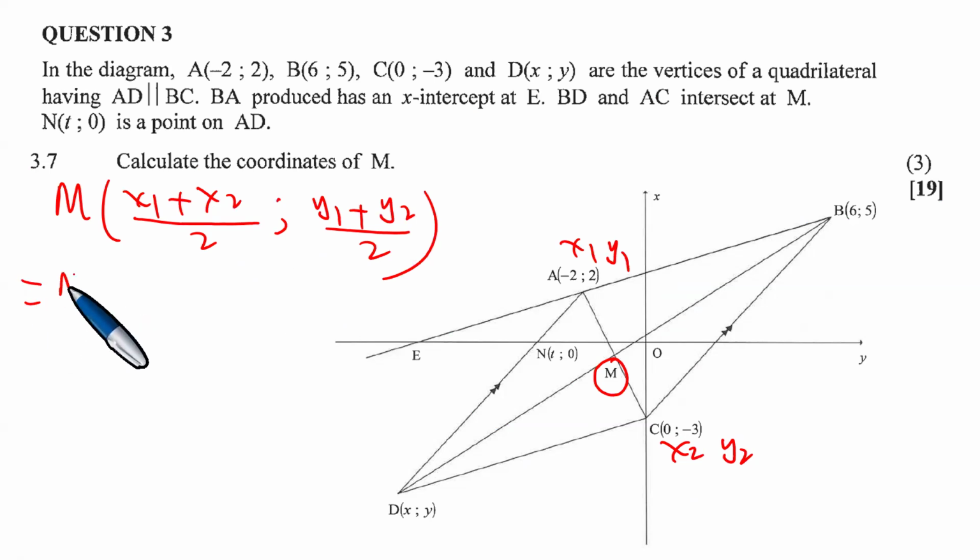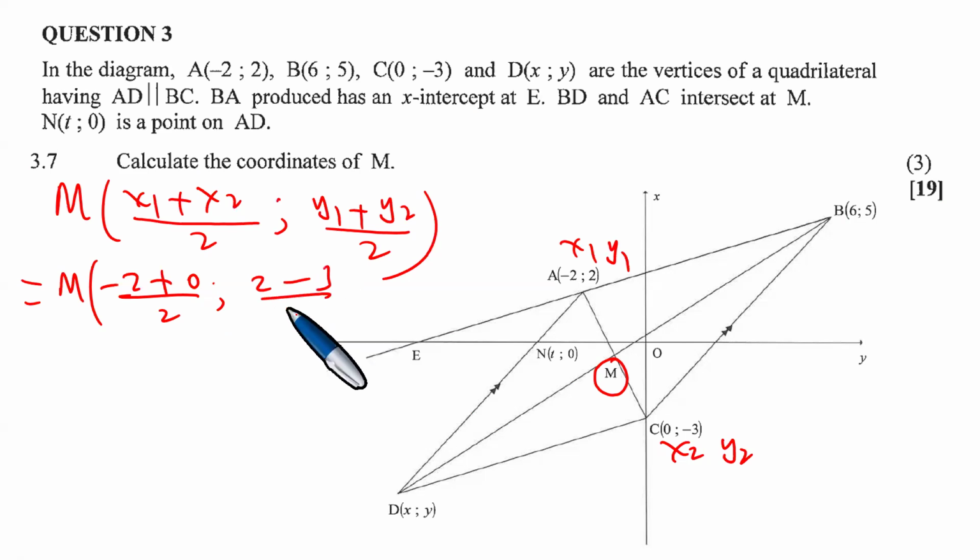This is equal to M, and therefore we put x1, which is minus 2, plus x2, which is 0, divided by 2, and y1, which is 2, and minus 3, divided by 2.